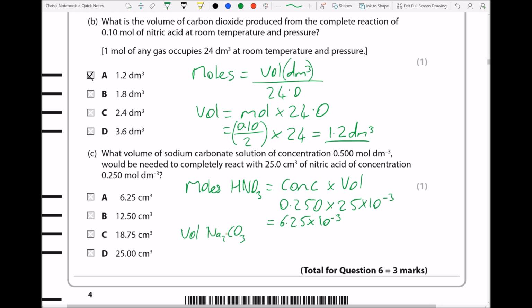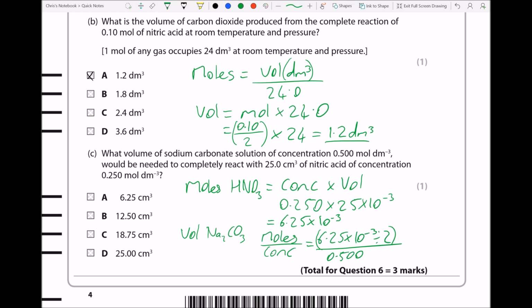So to work out the volume of this, it's going to be moles divided by the concentration. Okay, we've just rearranged that equation. That's all we've done. And that's going to be 6.25 times by 10 to the minus 3, divided by 2, because that's going to tell us the number of moles of sodium carbonate, divided by the concentration, which we worked out was 0.5, because it told us in the question.